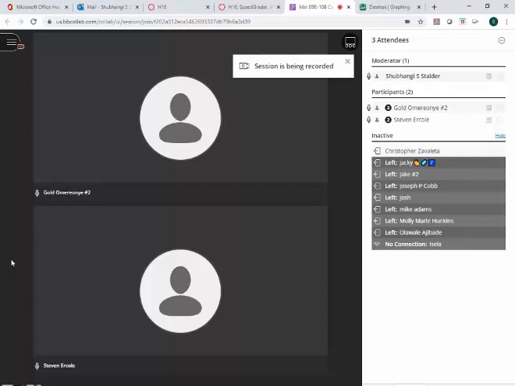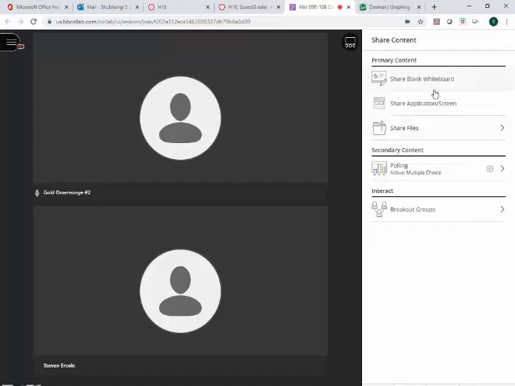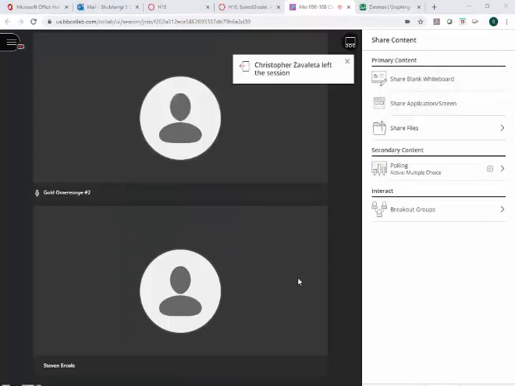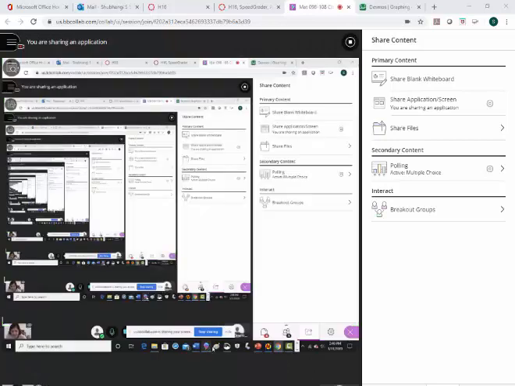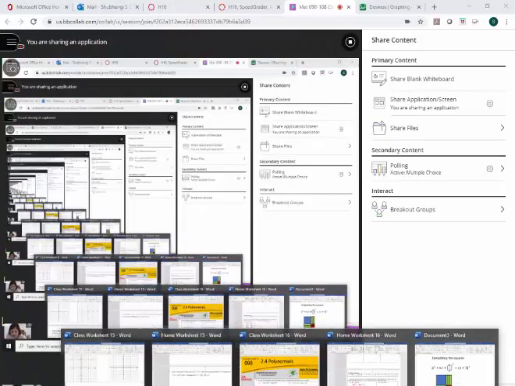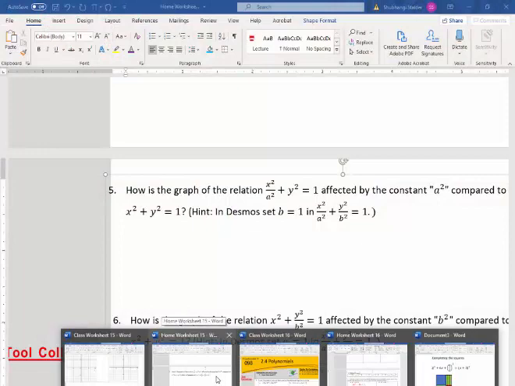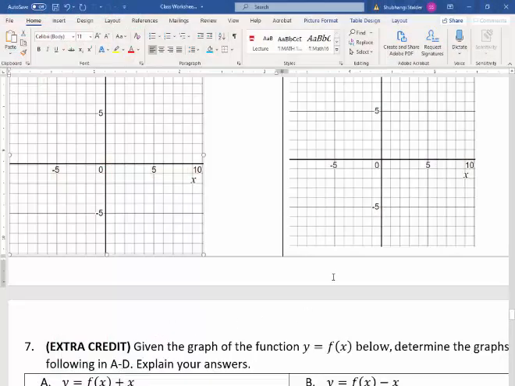Number 8. I didn't see the question for number 8. You tell me which one. It's the class worksheet. But which one, 15 or 16? Oh, it's 15.